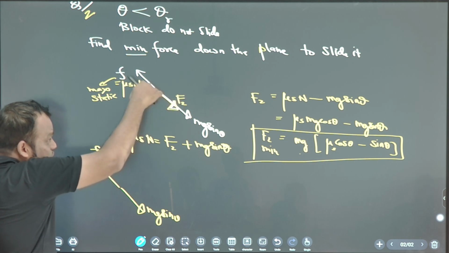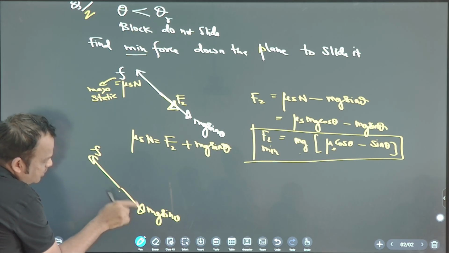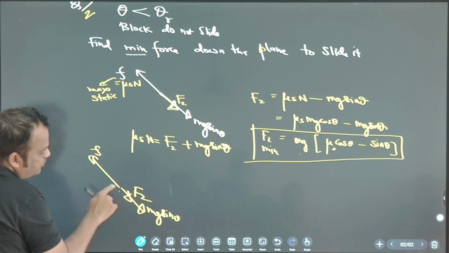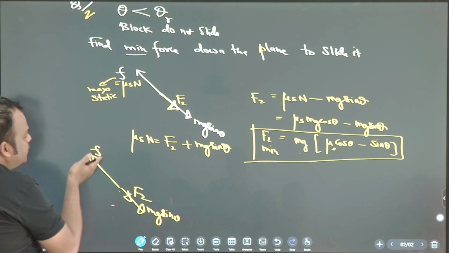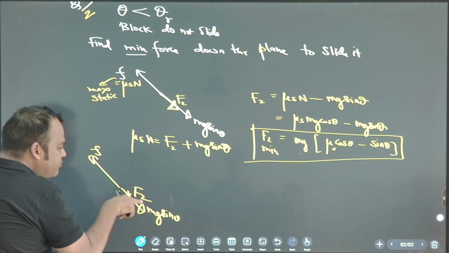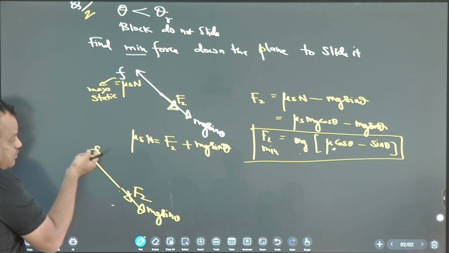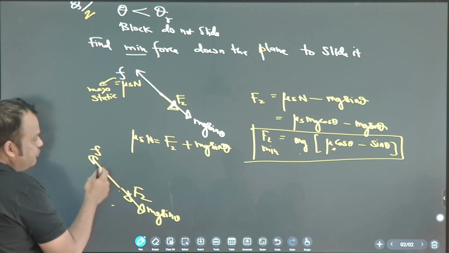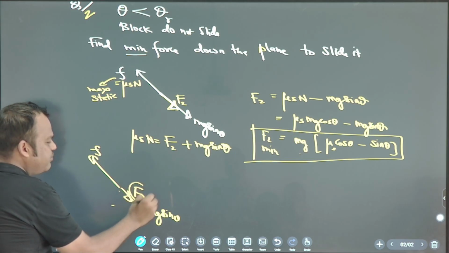I want to move it. So when you are exerting F2, this friction will increase. So you will also increase F2. Then friction reaches its maximum value, which we know is mu Sn. So what should be the minimum force needed?